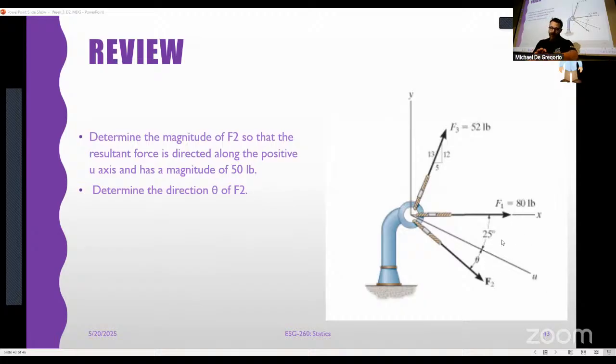So I would say, tip for this one, think about how we project a vector onto a different axis, okay? And also another tip would be assess whether or not you have right triangles. Okay, those are my 2 hints for this one.